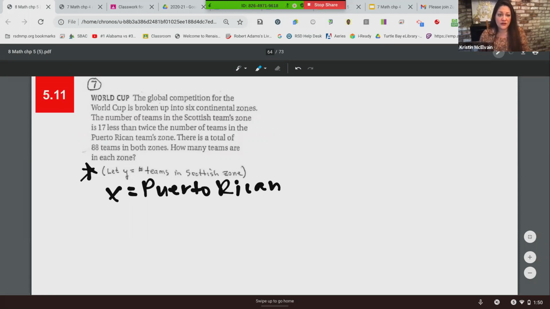We know that the Scottish team, which is Y, is 17 less than twice the number of teams in the Puerto Rican zone. We also know that there are 88 teams total, so that would be X plus Y equals 88.